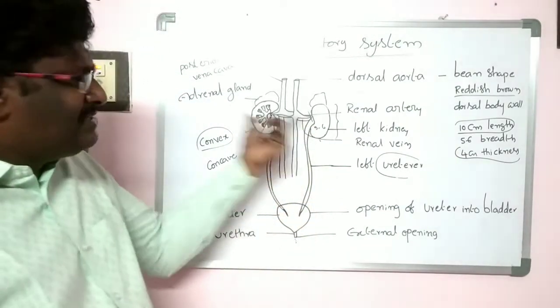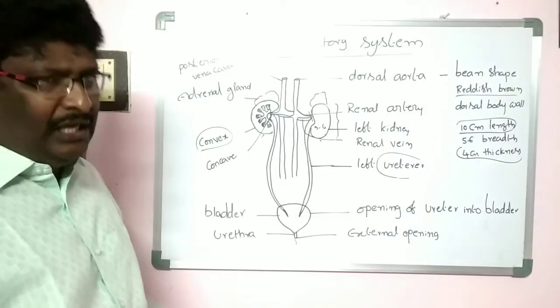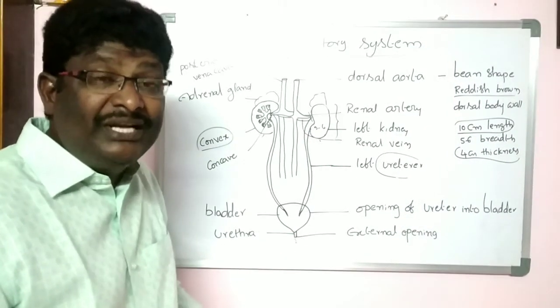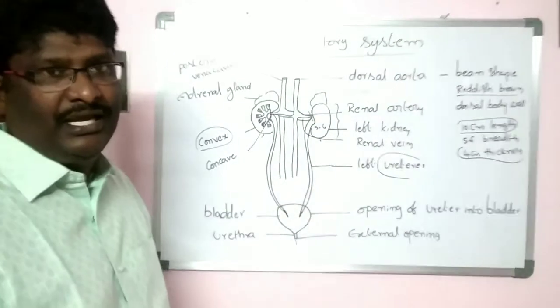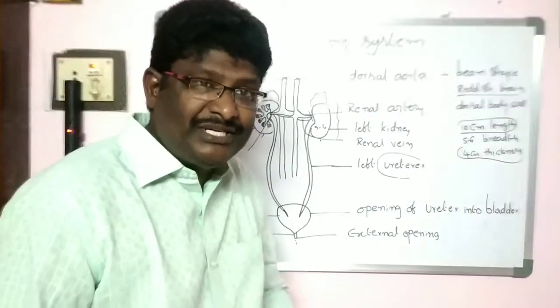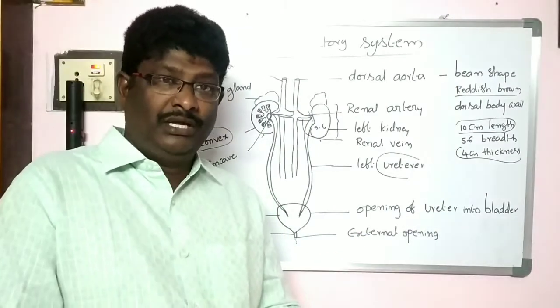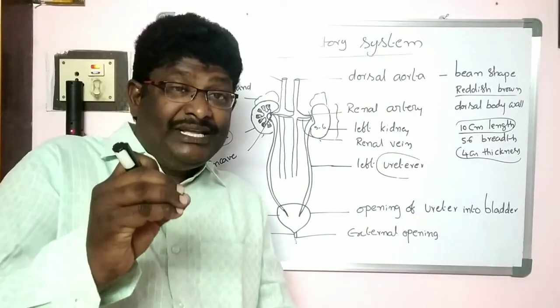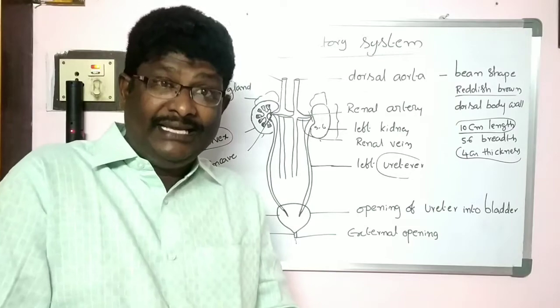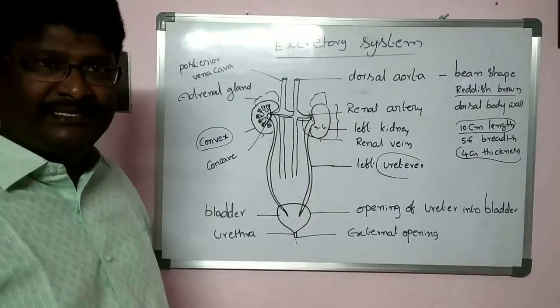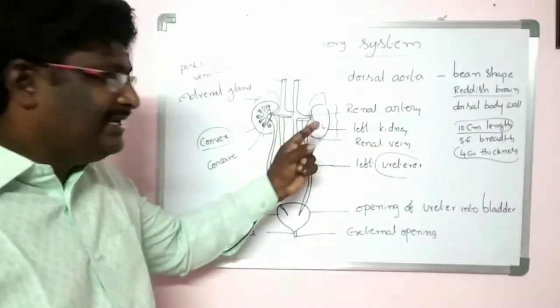What is the function of this kidney? In our body, different types of organs are doing different types of functions. When they do different functions, different types of waste materials are produced. All the waste materials in the blood are filtered by the kidneys.